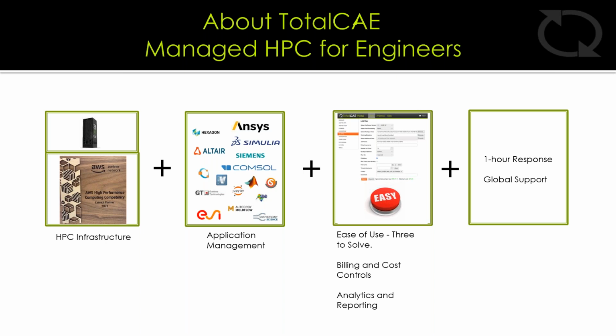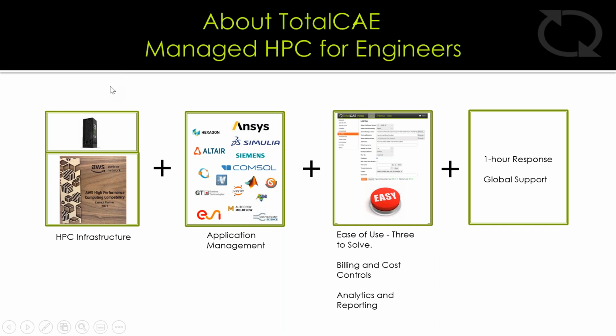Everything you need is included, just simple clicks of a button, which we'll show momentarily. So you don't have to be an IT expert, nor have a whole paradigm shift, just to take advantage of high performance computing. And we have a support team that's going to help you out, with global support and 1-hour response times, to make sure you're able to hit your deadlines and get up to speed quickly.